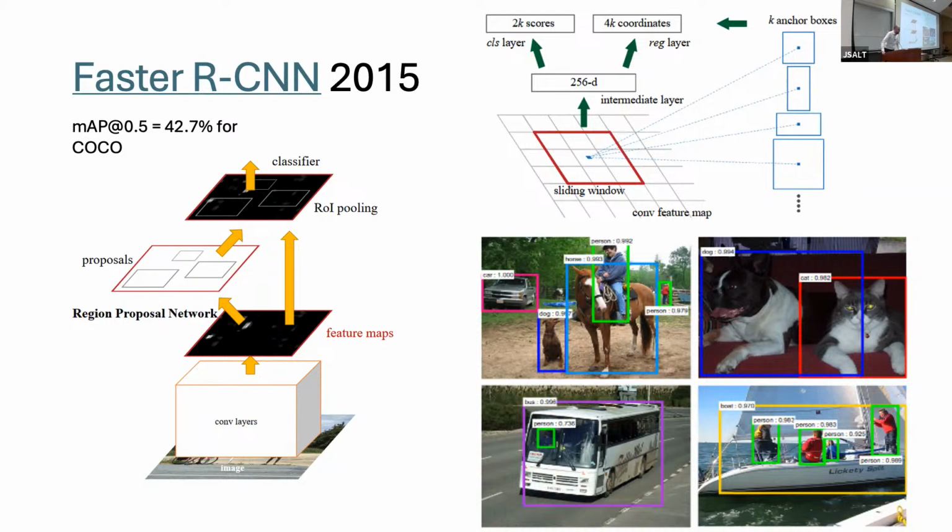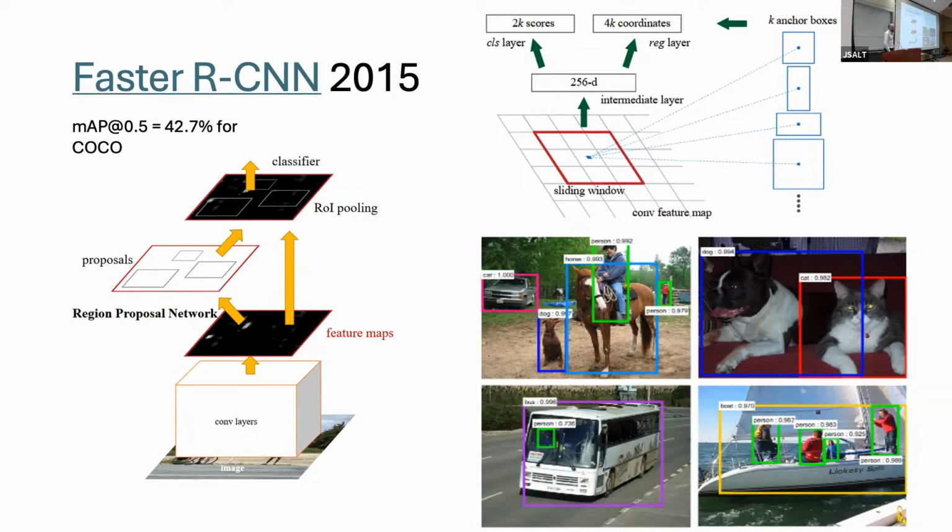In the next images, you can see that on top of the feature maps, you have some sliding windows. Of course it's implemented as a convolution, and you take features from this and put them into your intermediate layer. That is a fully connected layer with, in the original work, 256 dimensions.